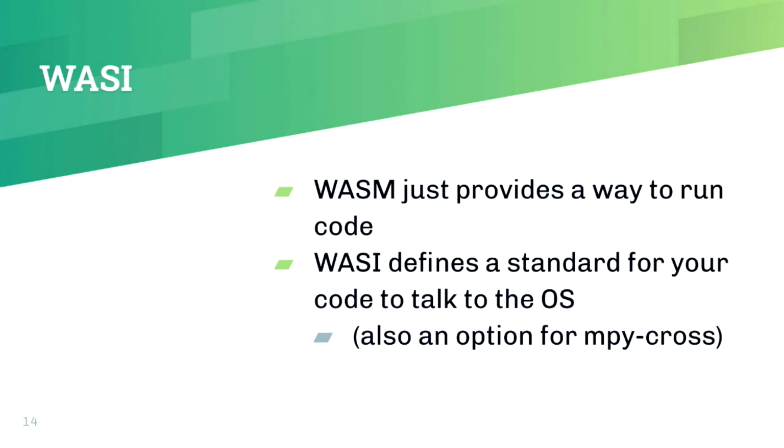As I said earlier, mpy-cross is just a thing that does a calculation. It takes a byte stream as an input and produces a byte stream of output. But sometimes we want to do regular C program things or regular Rust program things. And so WASI, which we're not going to talk about much, is a standard for how to replace all those things that I expect my operating system to provide. In this particular case of doing something like a computation, I don't need any of that. I just need a way to call a function and a way to get a result.